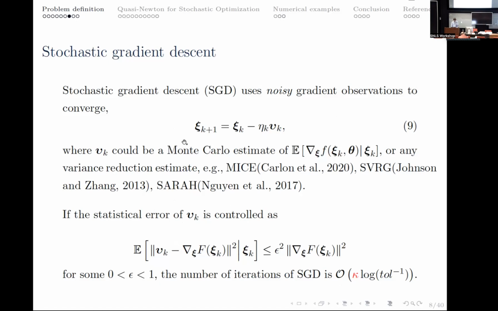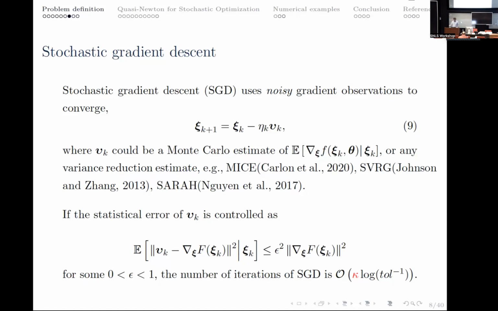So what does epsilon denote? For example, it could be a Monte Carlo estimate of the true gradient. It could be some variance-reduced estimate given by some control-variate method, like MISO, which was devised here in our group, or SVRG and SARAH, quite standard methods.